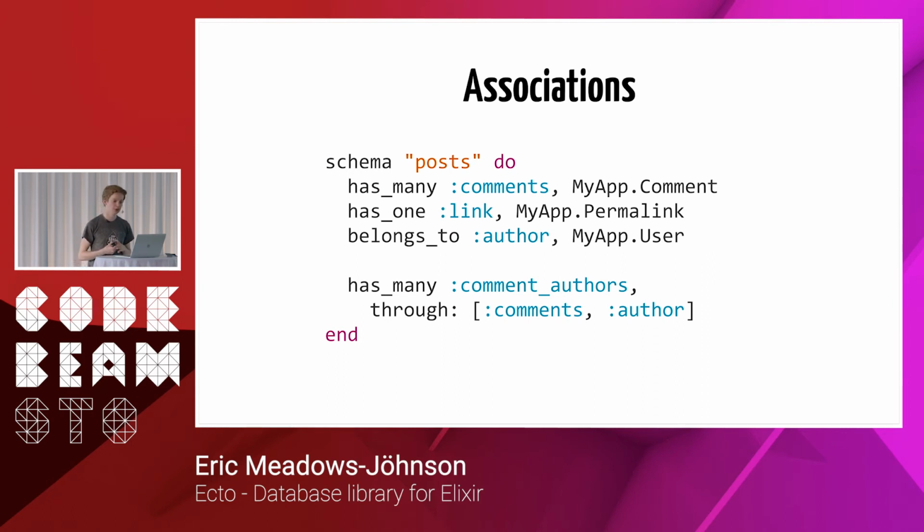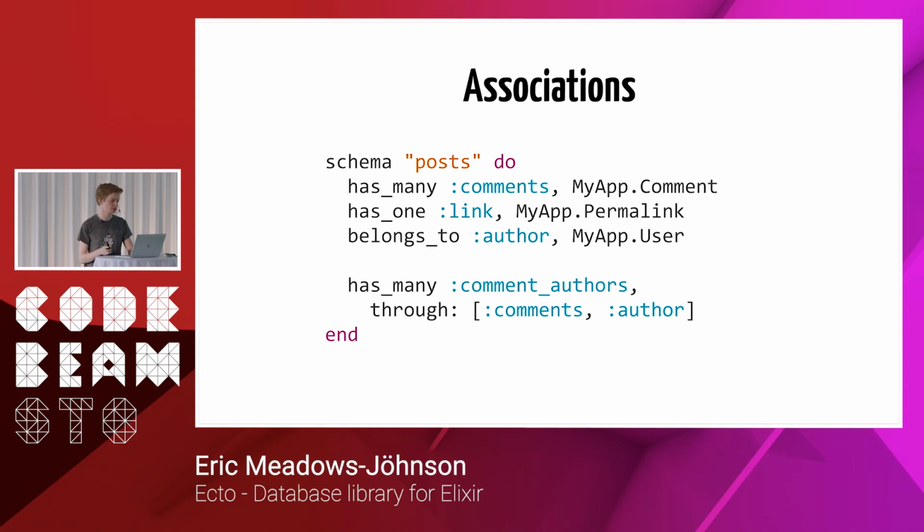So on the schema we can have associations between other schemas. We define this directly inside of the schema block. And we have basically 3 types of associations: has many, has one, belongs to. Has many is for one-to-many relationships.